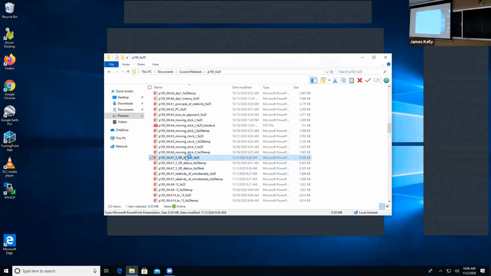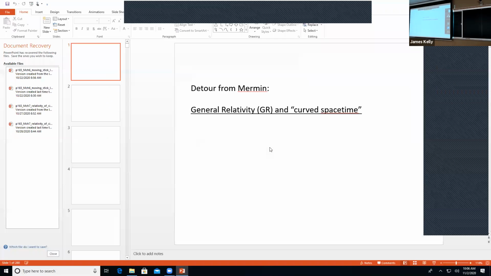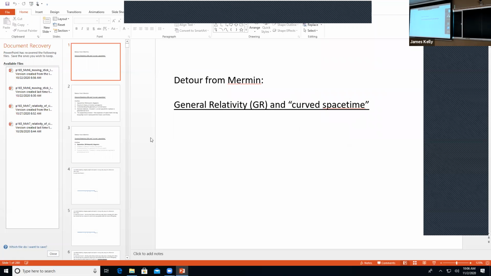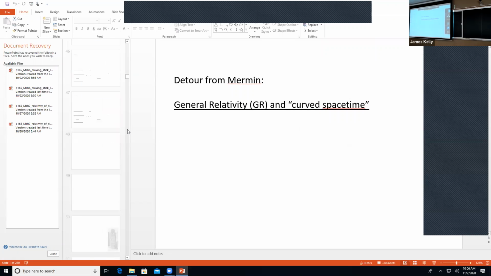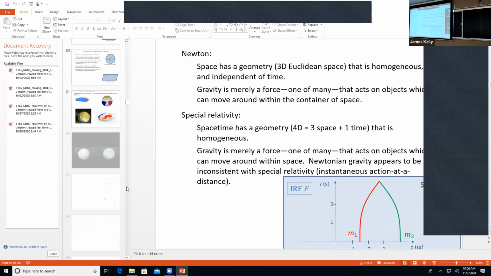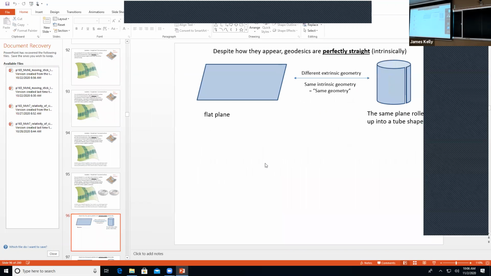Let me just start it again and see if we're okay. Oh, you're holding down the control key. This keyboard must be faulty. Okay, it still thinks I'm holding down the control key. This is exactly what happened to me a couple of weeks ago.